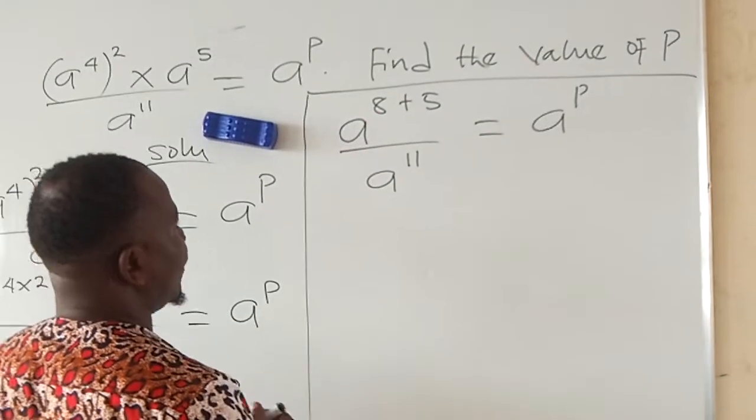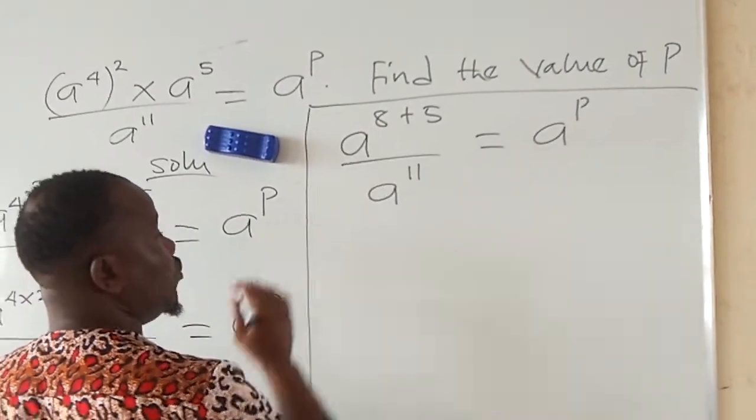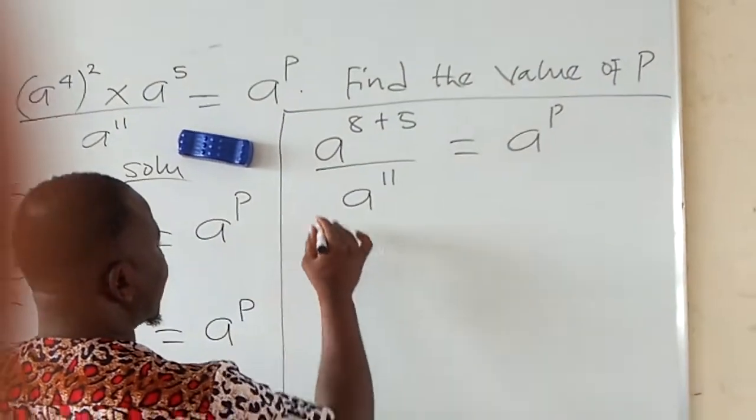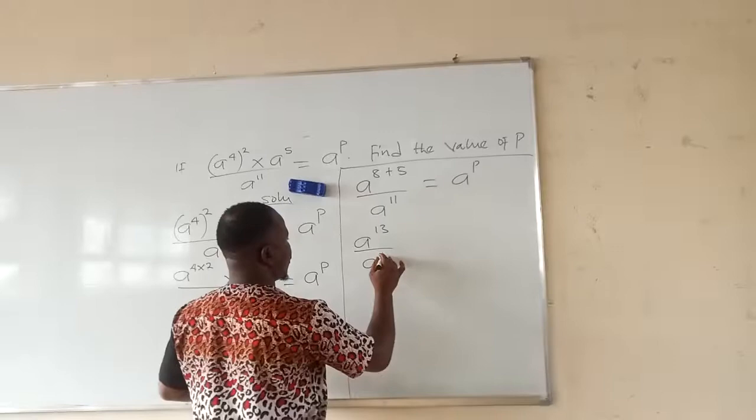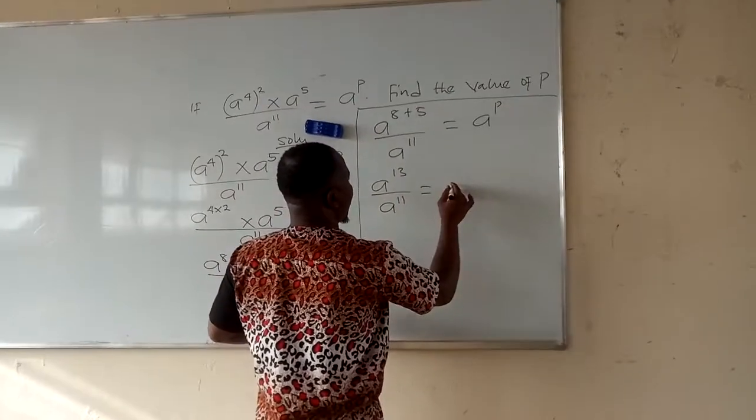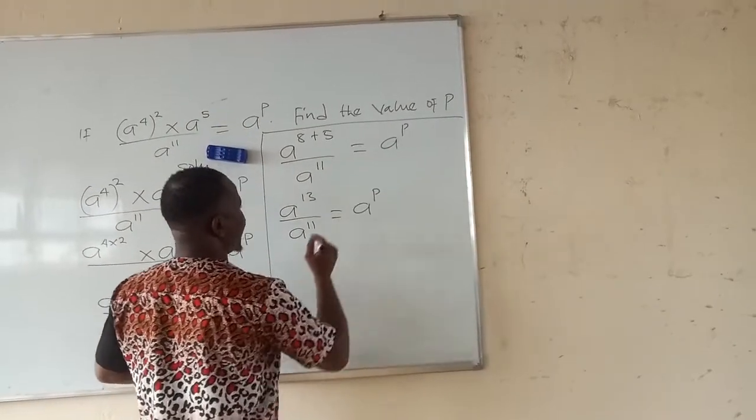If we add 8 and 5, the left hand side, that is the numerator, will now be a^13 all over a^11, which equals a^p.